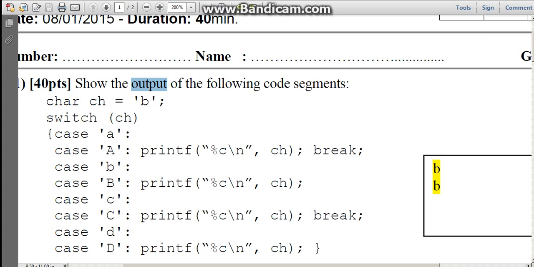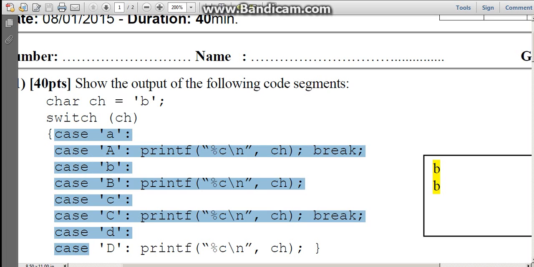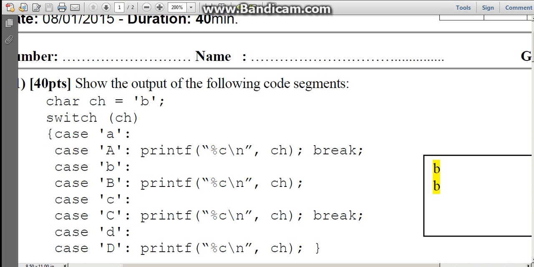Alright, so first of all you have to check for the keyword, which is switch and case. After you check it, we're gonna see the variable here: ch is equal to b. What does switch mean?